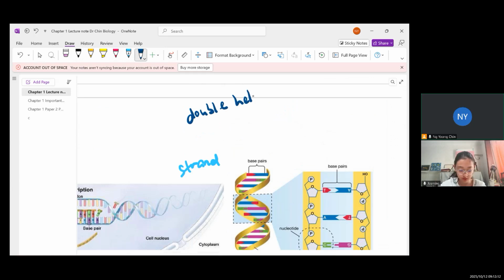We call it double helix because DNA is comprised of 2 strands like this. These 2 strands intertwine with each other, forming this double helix, or we call it double stranded.